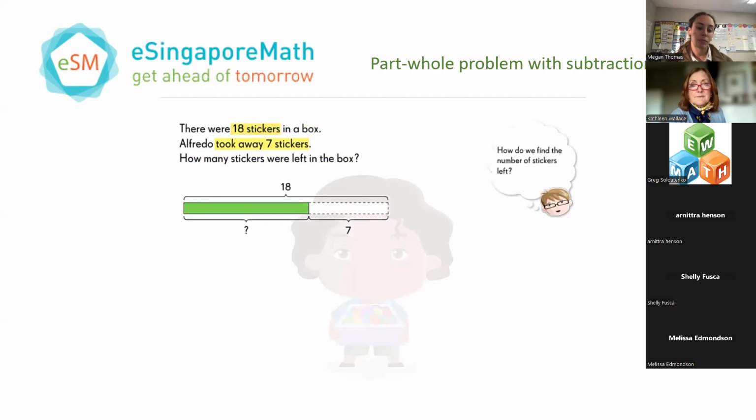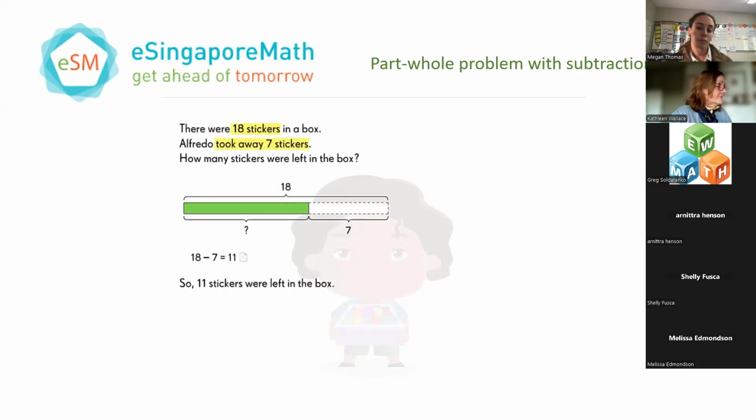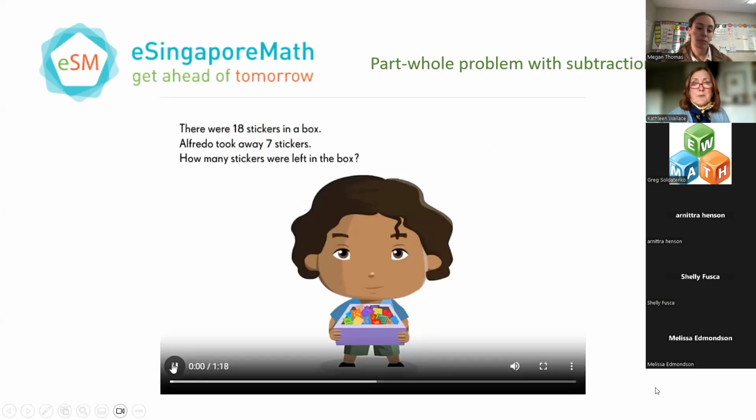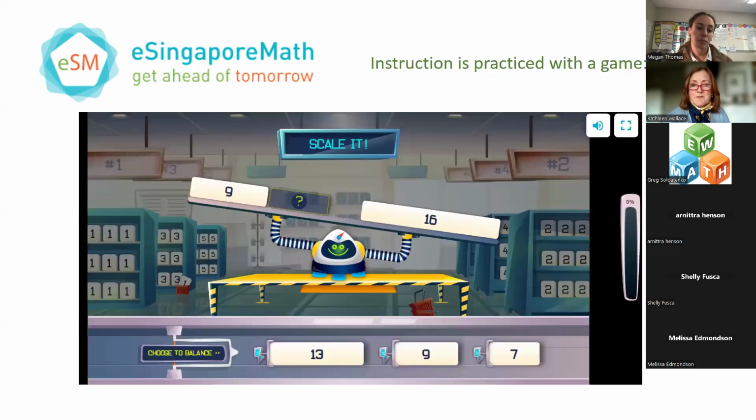How do we find the number of stickers left? We subtract this from this. We get 11. Therefore, 11 stickers were left in the box.